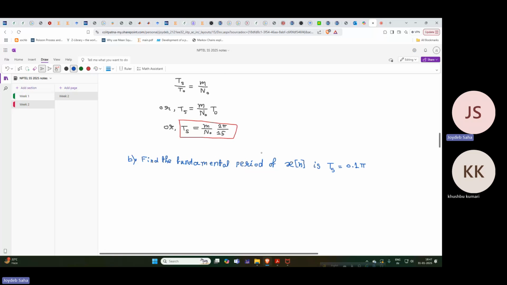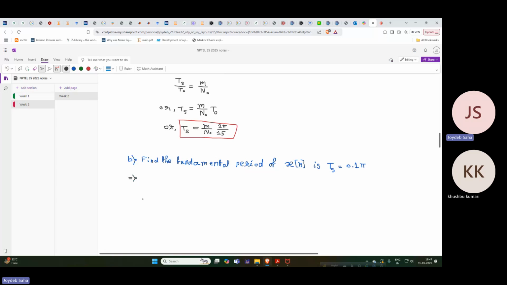Okay, so let us try to solve this problem. Two things we have to notice. First, Ts value is given to us, so we can calculate N0, and it will come with an expression of m.